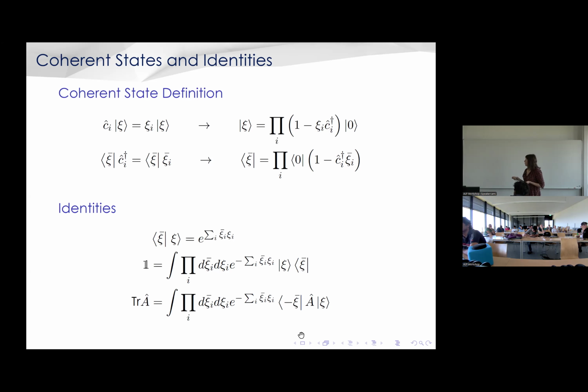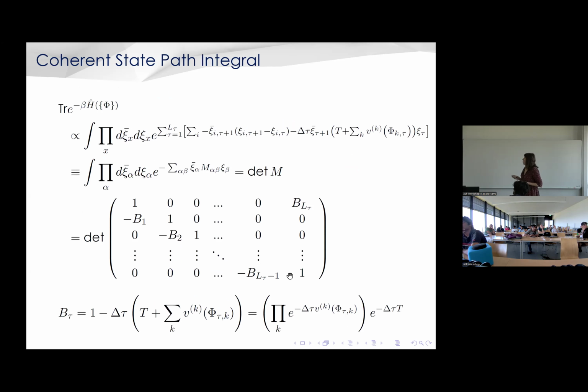And then also, now that we've split it up in all of these pieces, we can insert identities between each of these exponentiated bilinears, and that is what will give us a path integral with an action rather than a Hamiltonian, which is what we began with. So if one does that using the general form that I gave for the V and the T, where the V was in terms of those squares, then this is the action that you get.